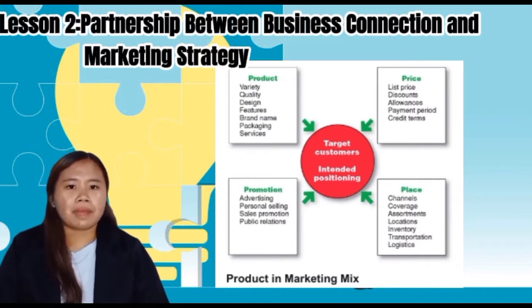It is the amount paid by the customers to a business. Prices set by the business depend on the business policy, thus it may be adjusted through discounts, allowances, and credit terms. Some marketing tools under promotion in the marketing mix are advertising, personal selling, sales promotion, and public relations.